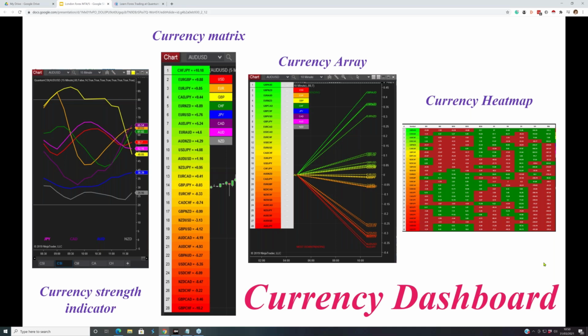They help you choose the pair most likely to deliver some kind of move, or you can use them to monitor pairs that you have pre-selected. Maybe you like to trade British pound, and in British pound you like to look at pound Swiss, pound yen, maybe cable.